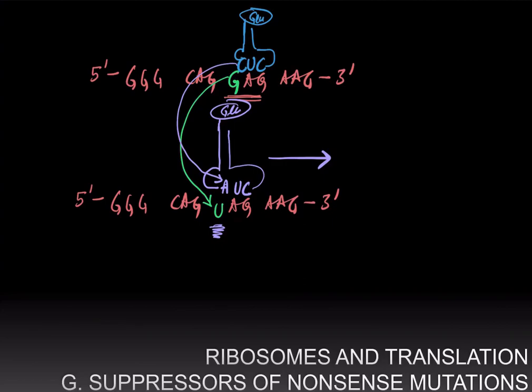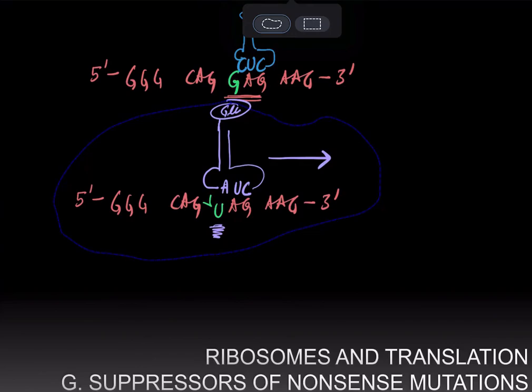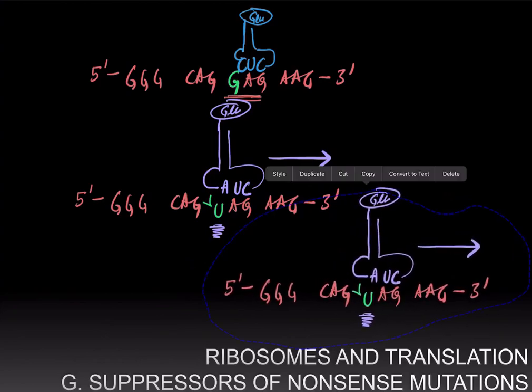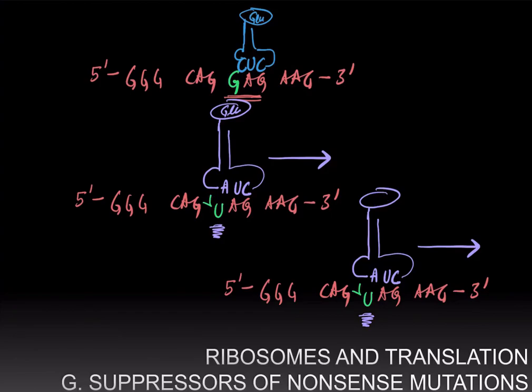And a final situation that's possible is that of imperfect suppression, and that can happen if we have a situation like this, where instead of the glutamate tRNA being mutant, it's, let's say, the lysine tRNA that's mutant, and lysine's anticodon is UUC.